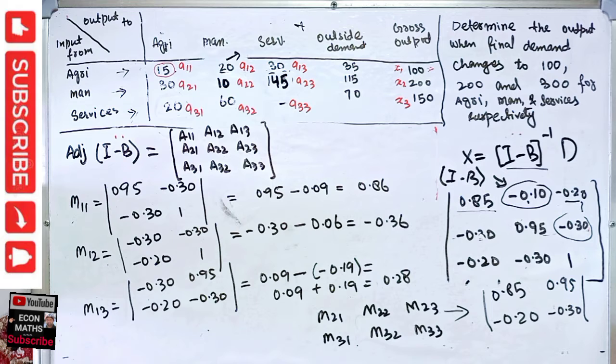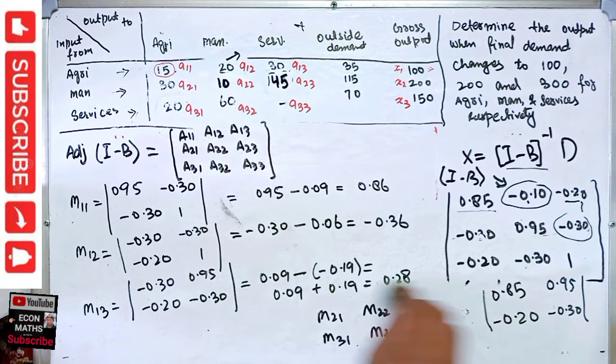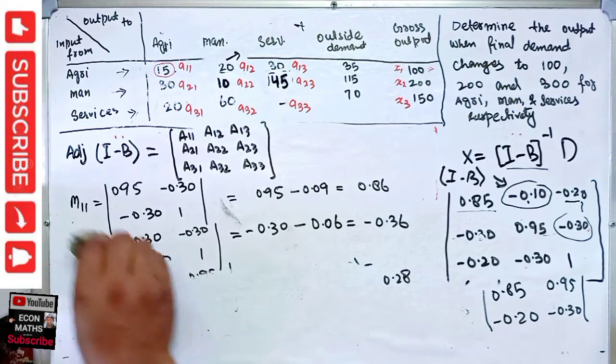Okay, now actually we have to find A11, A12 and A13, these very numbers. For that we first find the minors. So I will write here all the minors again which I have calculated.